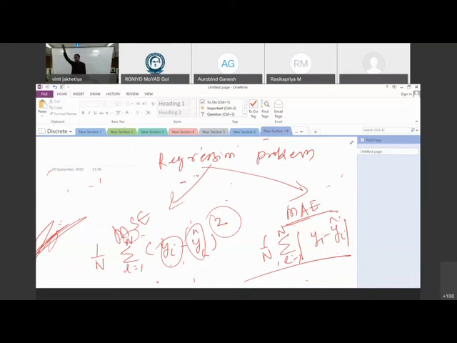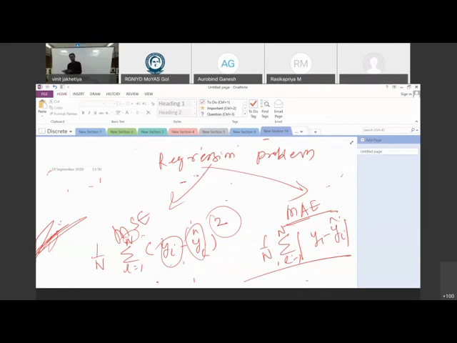Because of that outlier, the error will be really high, and now we are taking the square of it. That means because of one particular value, your mean square error is going to be really huge, because we are taking the square of the error. So this is the problem. One outlier can spoil your complete machine learning model. This problem can be solved using the mean absolute error.